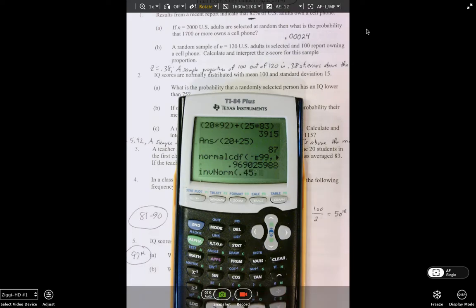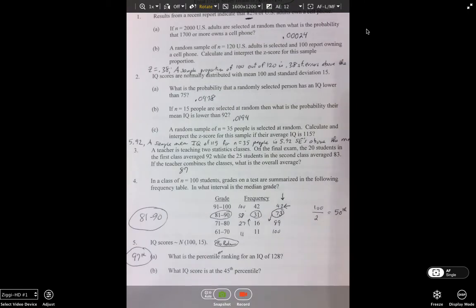That works out nicely because we're given the percentile, which is the percent below. So, guys, the IQ score would be approximately 98. That represents the 45th percentile.